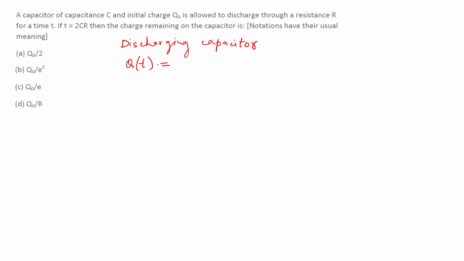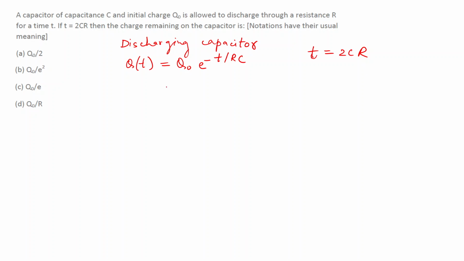So the expression for charge is given by Q0, that is the initial value, which is the maximum amount of charge that can be stored on the capacitor, and the exponential factor. Right? This is the expression during discharging of a capacitor. Now the question is asking what will be the charge remaining after time 2CR.